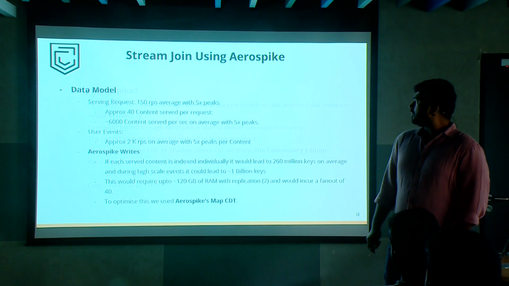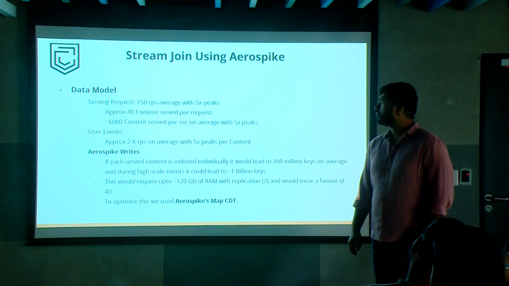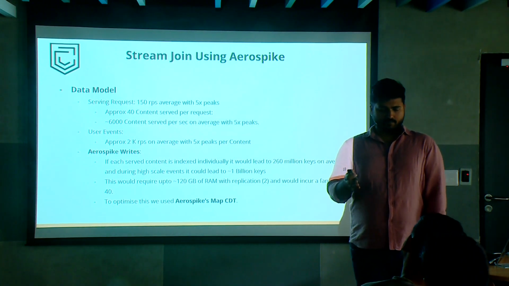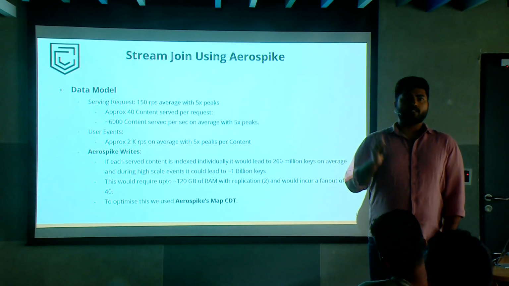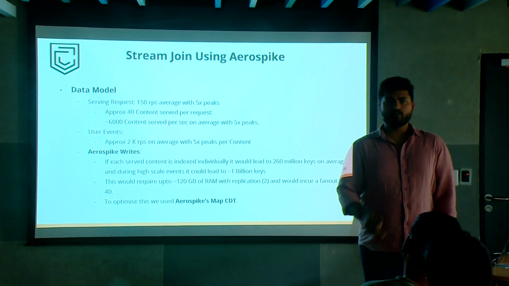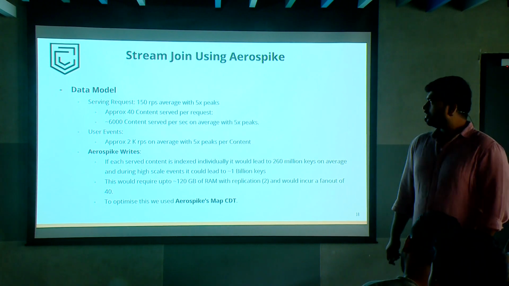So, going to how we model this on Aerospike. We settled on one of the streams being indexed. The other streams that come late will do a lookup on Aerospike and do the enrichment or lookup join.